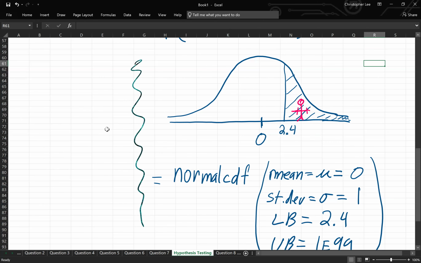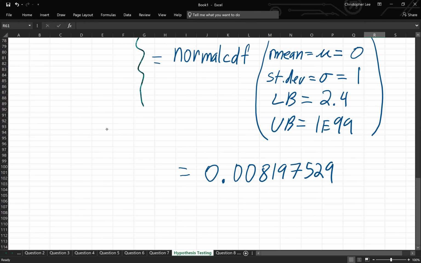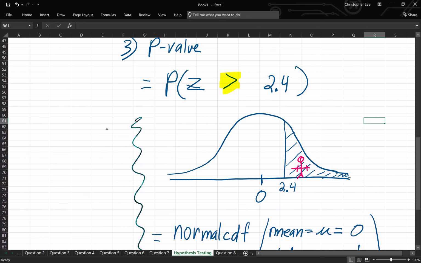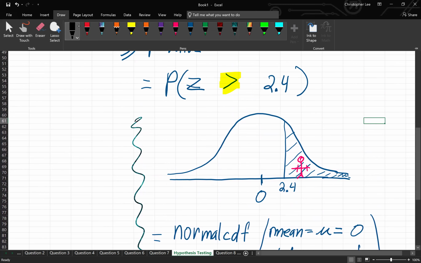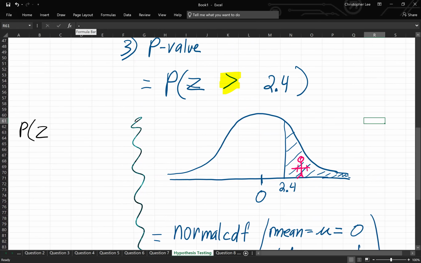Let's say that you are going to use your sheet to find the p-value using the tables. We have z greater than 2.40, right? We cannot look that up in the table.